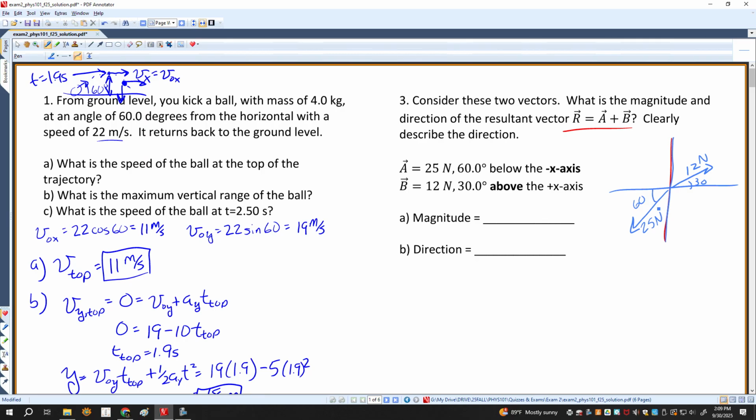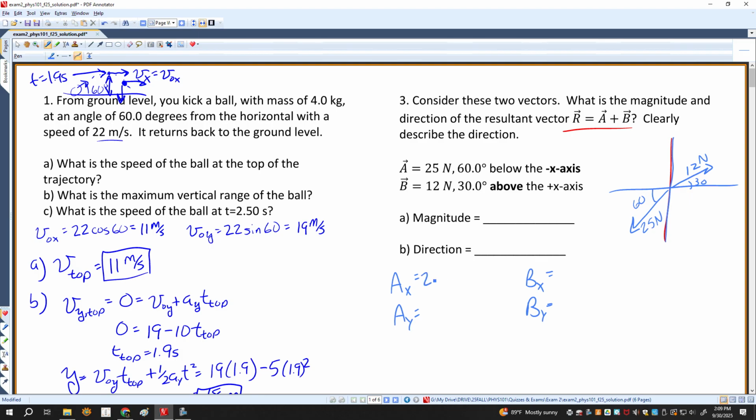Okay, so now let's find A_x and A_y, and then B_x and B_y, referencing the figure to help me figure out which one is positive and which one is negative.